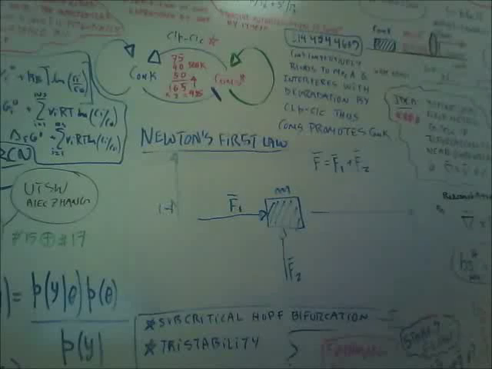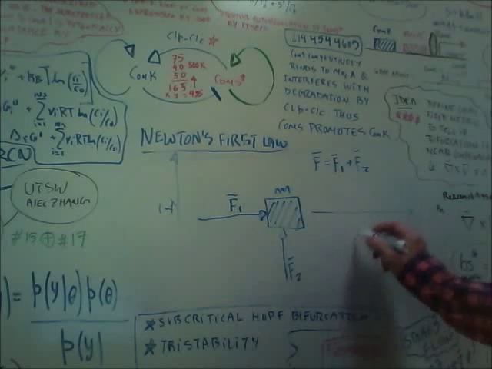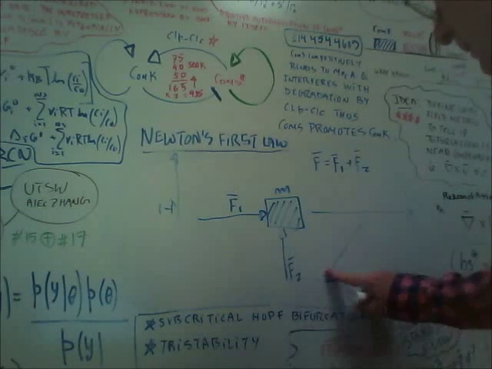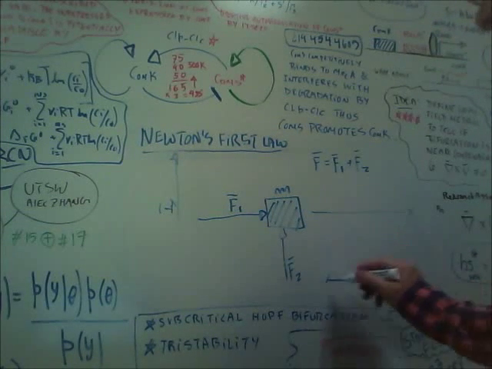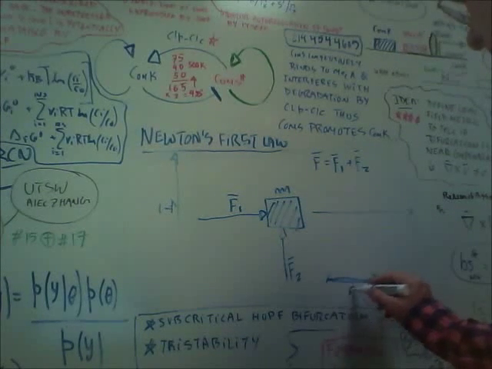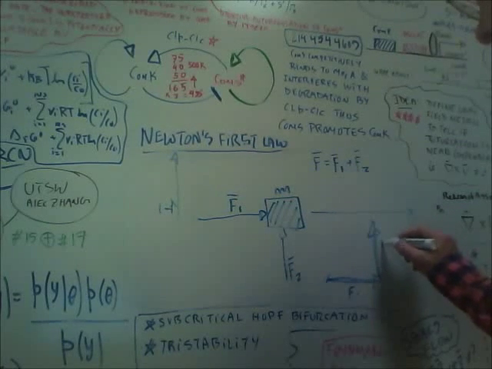How do you add these two vectors? Well, I made the example really simple. So we have a case where F1 is over here, a certain size, and then F2 is a different size over here.